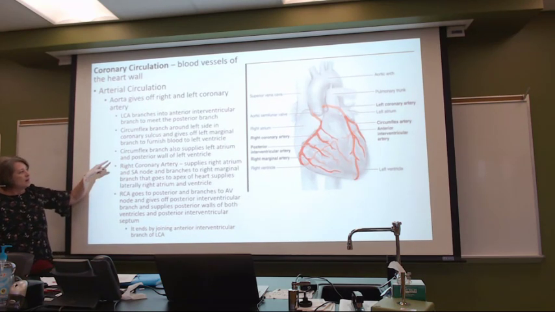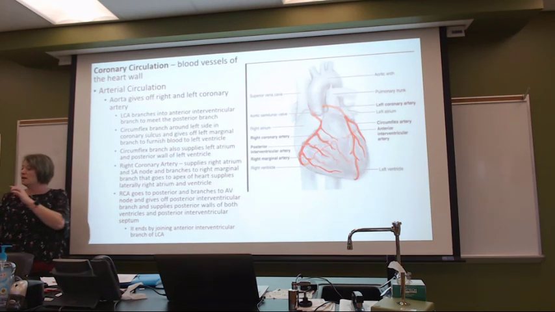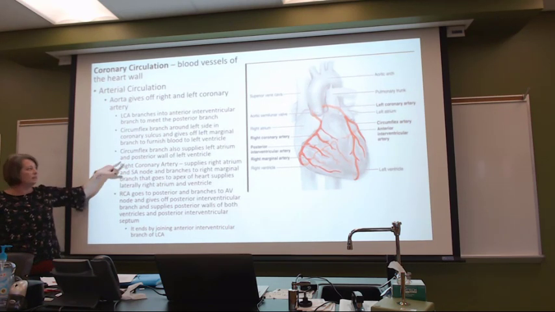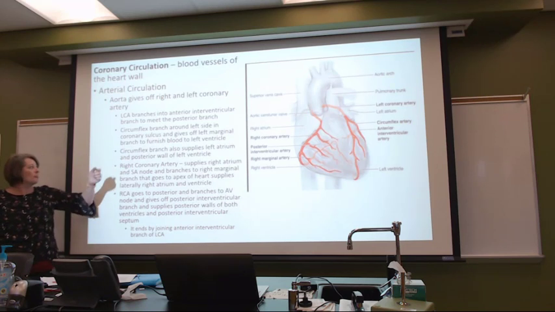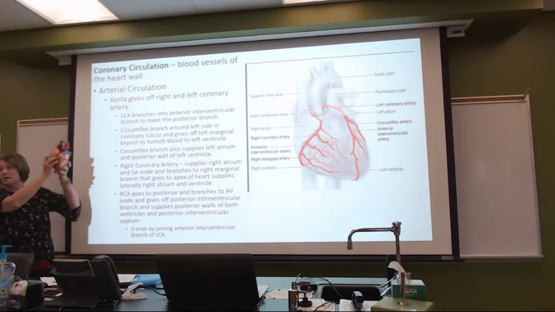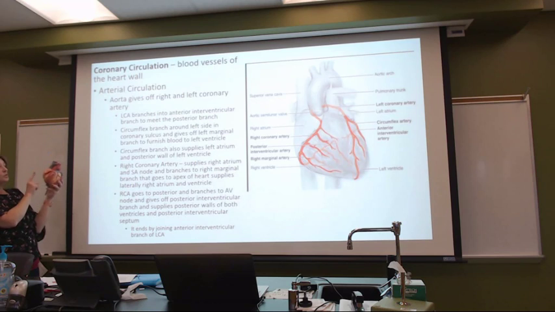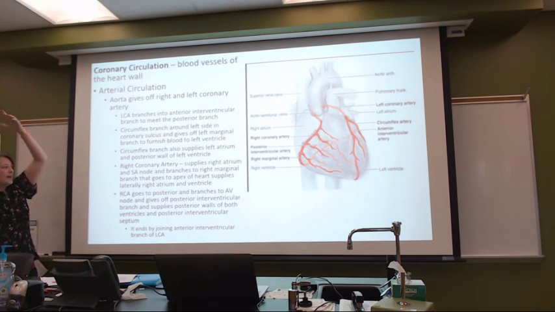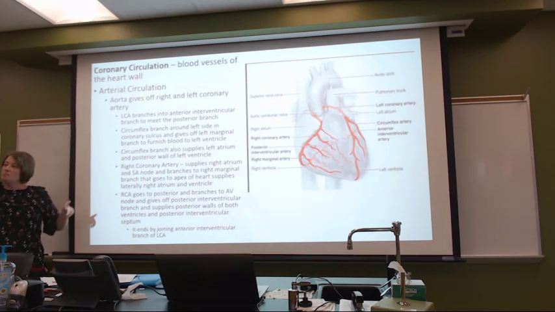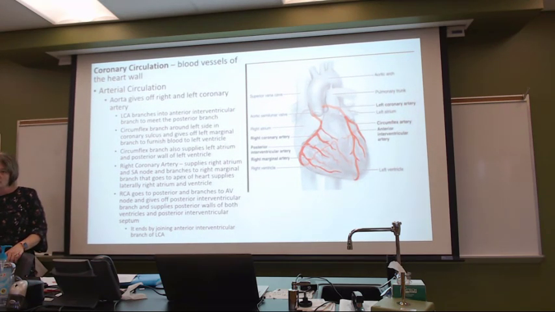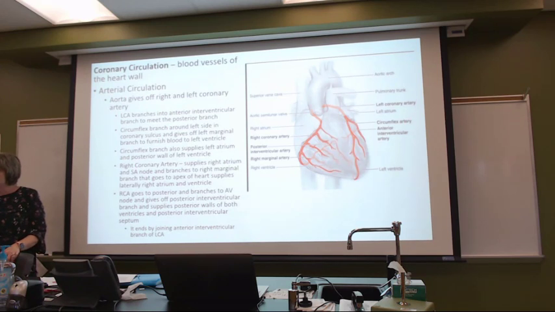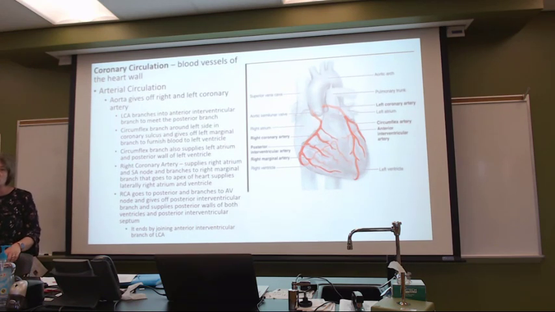Okay? The circumflex, the one that goes around, also supplies my left atria, and then the posterior wall of the organ. The right, coming off on this side, will help supply my right atria and then my SA node, my sinoatrial node.